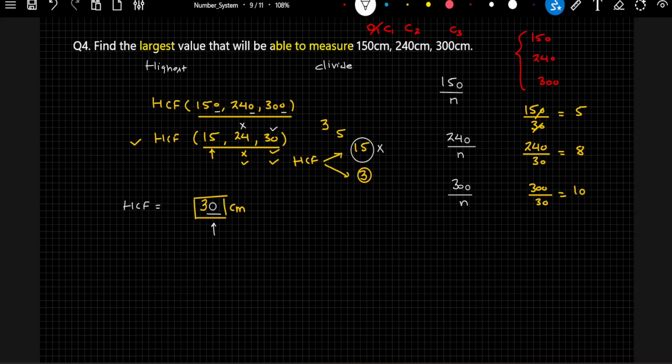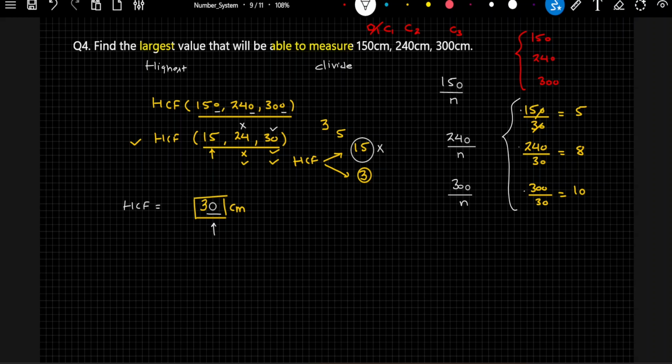So 30 is the largest value of scale which the cloth merchant can have in order to measure these three different lengths. Alternatively, they could have asked how many times the cloth merchant has to use the scale to measure these three different lengths.